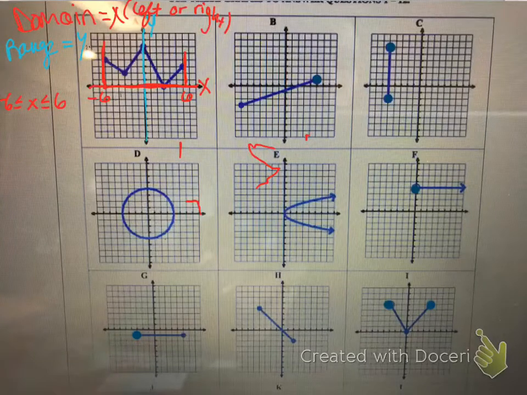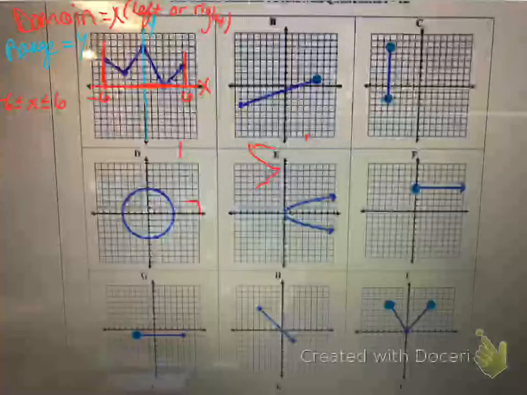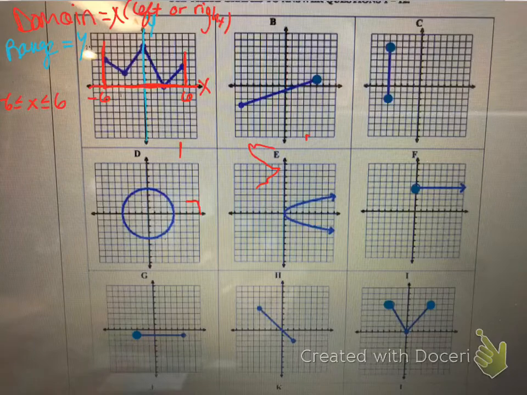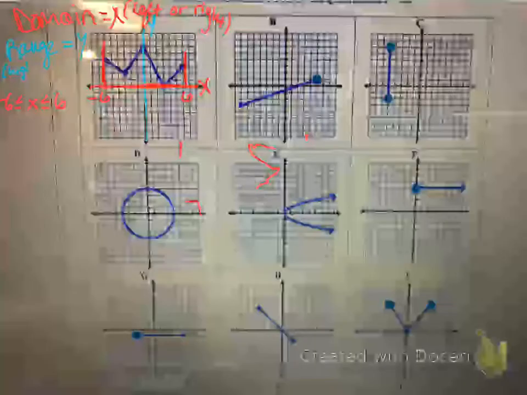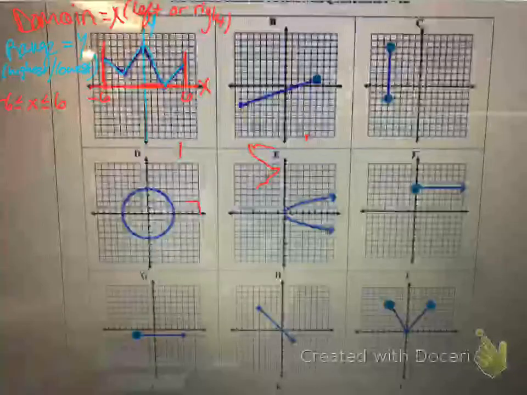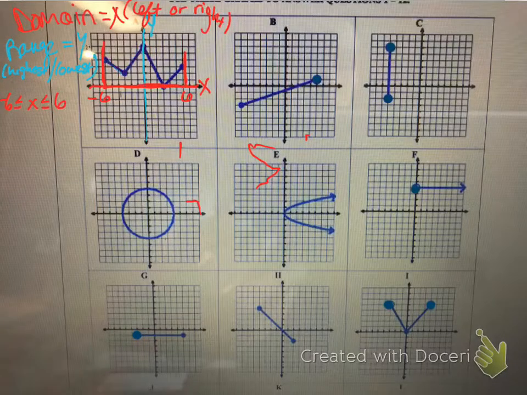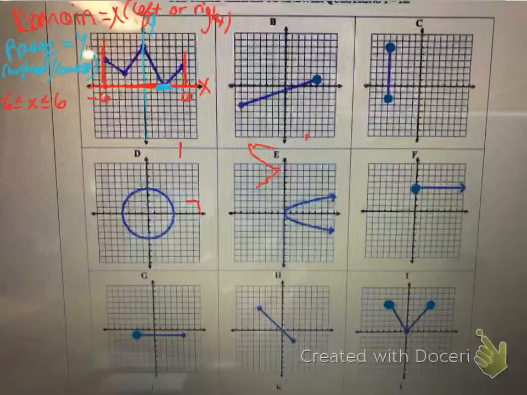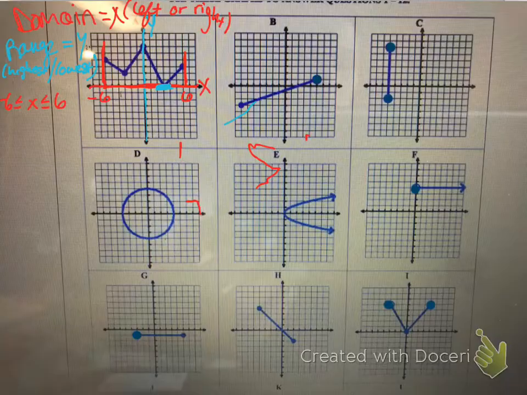Now I'm going to do the same thing, but for the range, which means I'm going to look at the highest and lowest point. My graph is this little weird curvy line here, kind of looks like a W. I want to look at the lowest point. The lowest point is all the way down here, and I want to look at the y value at that point.